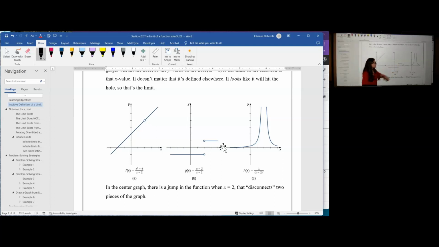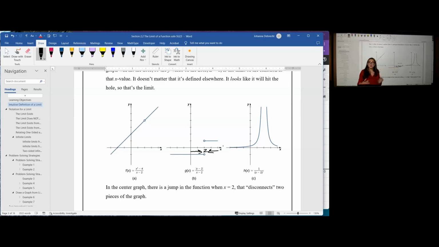If I approach 2 from the right side, and I trace my finger along the graph, it looks like it hits the y value of 1. If I'm approaching from the left side of 2, or as we say, from below 2, since the numbers are smaller than 2, it looks like on this piece that the y value is going to be -1.